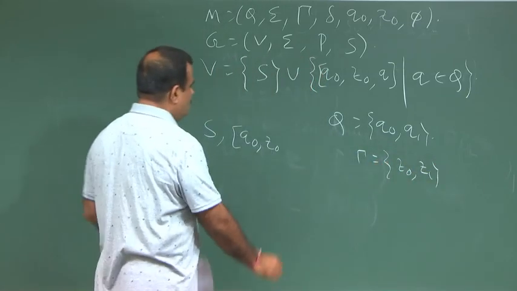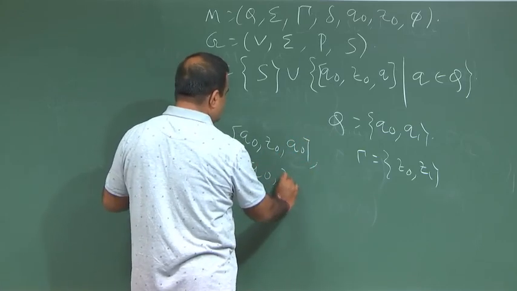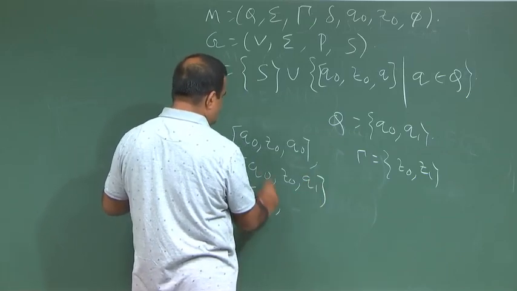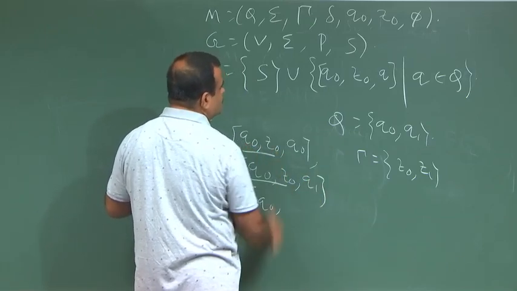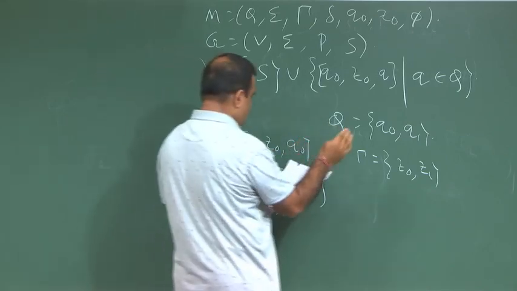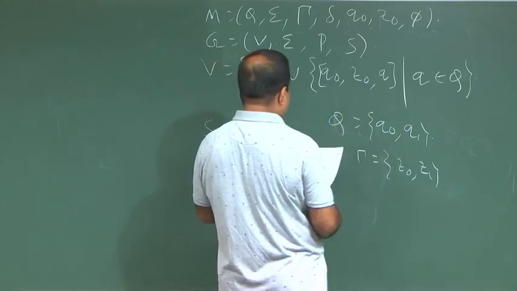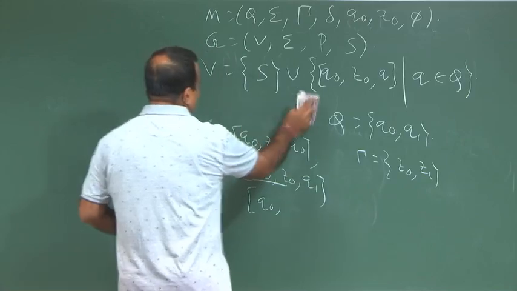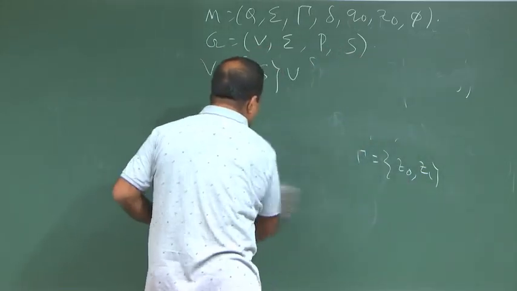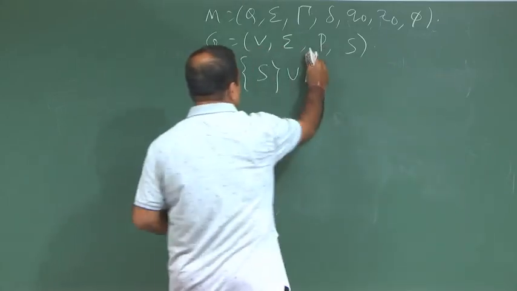then we have Z 0 Q 0, all possibilities, Q 0 Z 0 Q 1, Q 0, this Q 0 Z 0 is fixed over here, sorry, no, not Z 0 fixed. So Z 0 will vary. Sorry, no, we have to vary all possible states and the stack symbol.